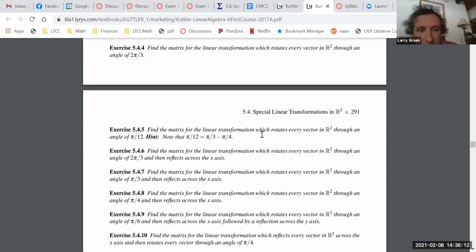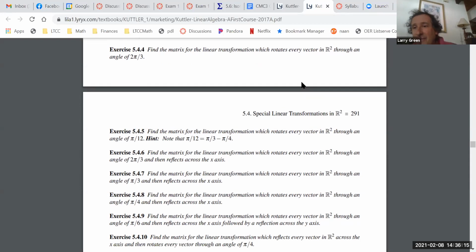Okay, because this will help you figure out what you're supposed to do on, say, problem 5, which has the same instructions. Do you notice that? Okay, so find the matrix for the linear transformation that rotates every vector in R2 through an angle of 2 pi over 3 and then reflects across the x-axis.